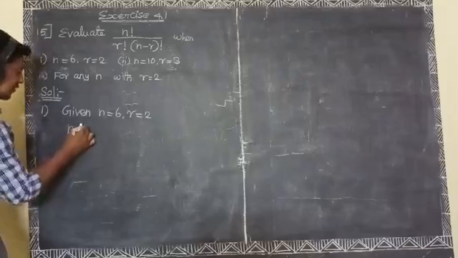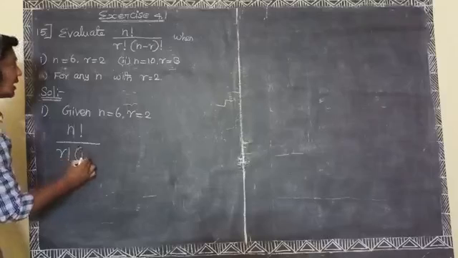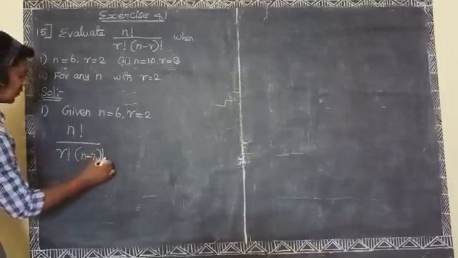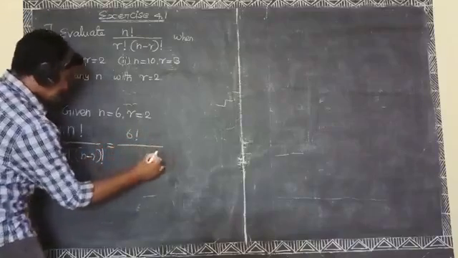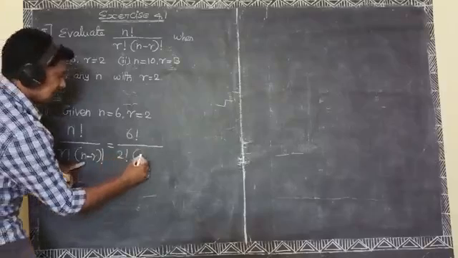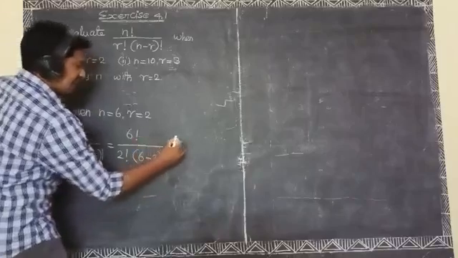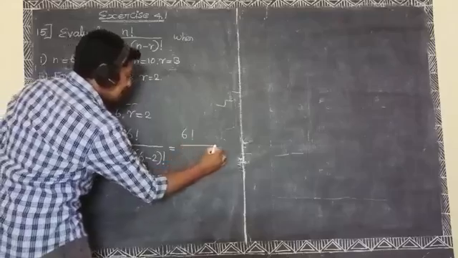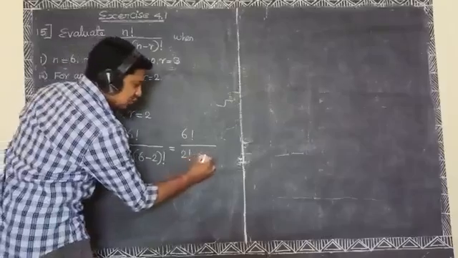Here n factorial divided by r factorial into n minus r factorial. N factorial is 6 factorial divided by r factorial is 2 factorial into n minus r, 6 minus 2 factorial. Okay, 6 factorial divided by 2 factorial into 6 minus 2 means 4 factorial.